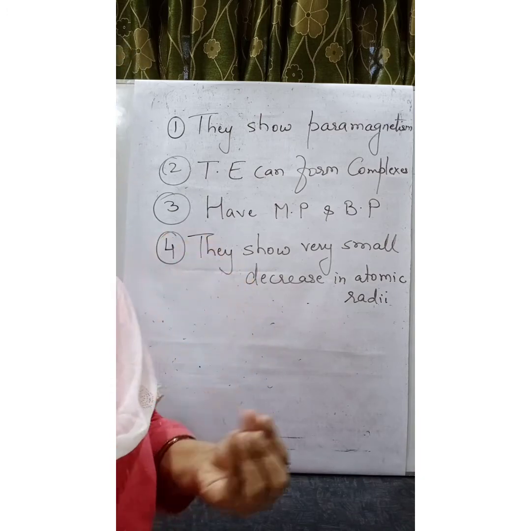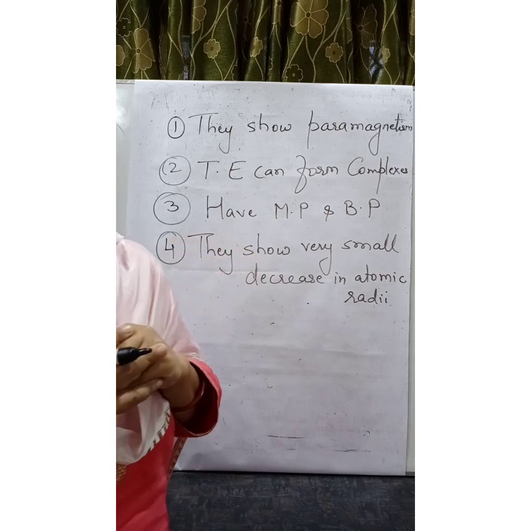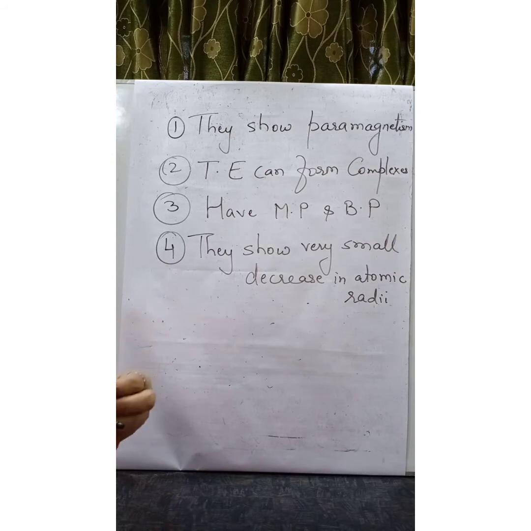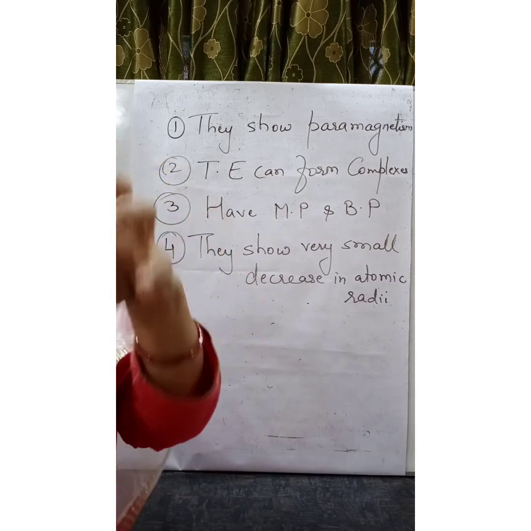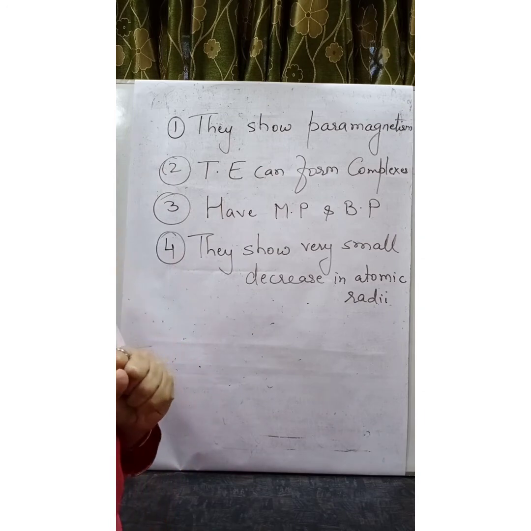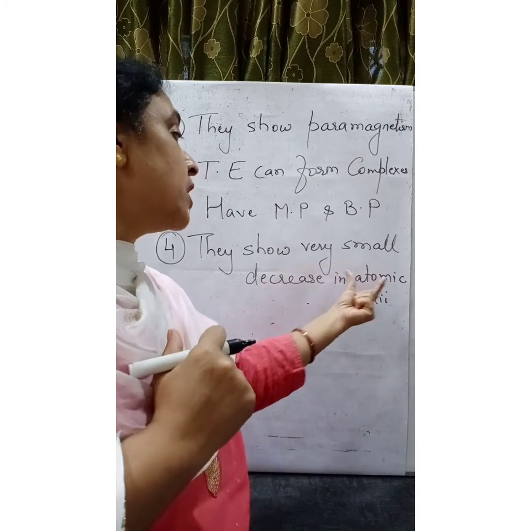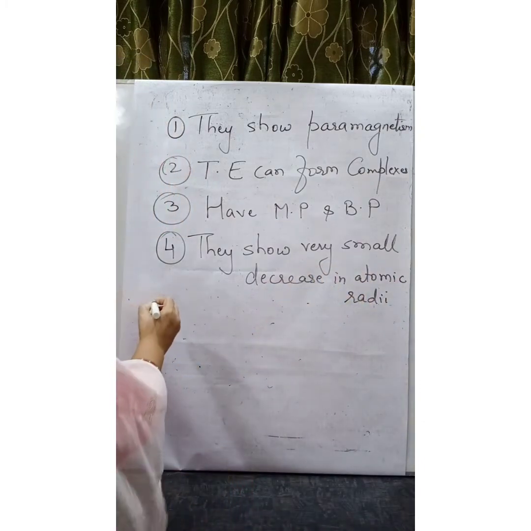The electrons, when they are filled in d orbitals, repel each other, and to avoid this repulsion, the inner electrons are pushed inside and outer electrons are pushed outside. Therefore, the nucleus is unable to attract the outer electrons, resulting in a very small decrease in atomic radii.